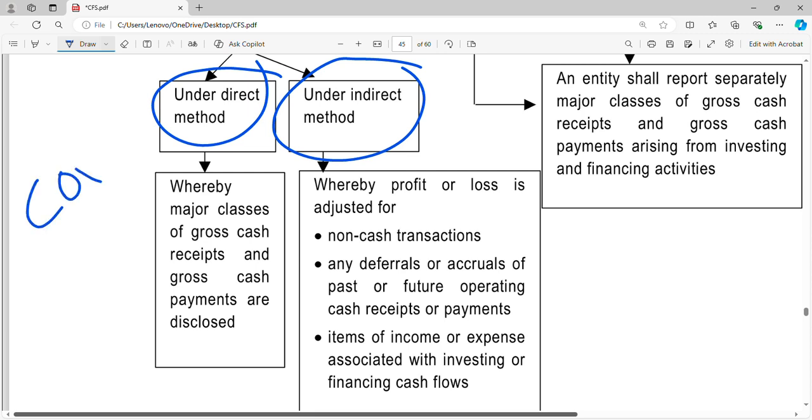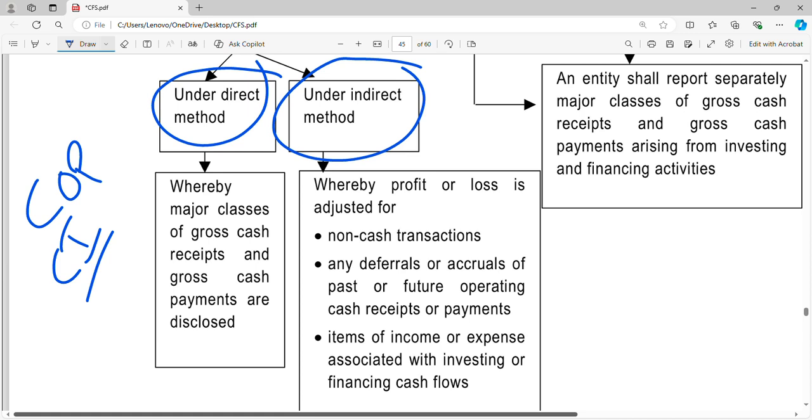Next, cash flow from investing activity. In cash flow from investing activity, we will consider whatever cash is received from the sale of property, plant and equipment, intangible assets or investment property, or whatever cash is paid for the purchase of property, plant and equipment, intangible assets or investment properties.